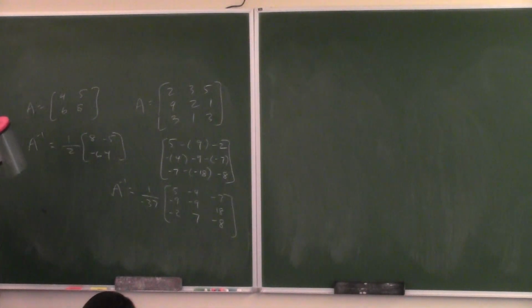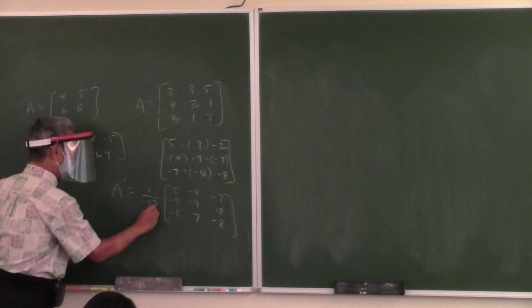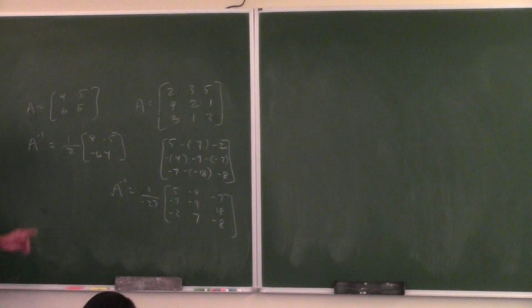I got negative 34. Wait, that can't be right. Isn't it negative 20? Negative 16. Wait, let me try again. Negative 17. Negative 27. Okay, is that right now? Okay, there. That's the inverse.